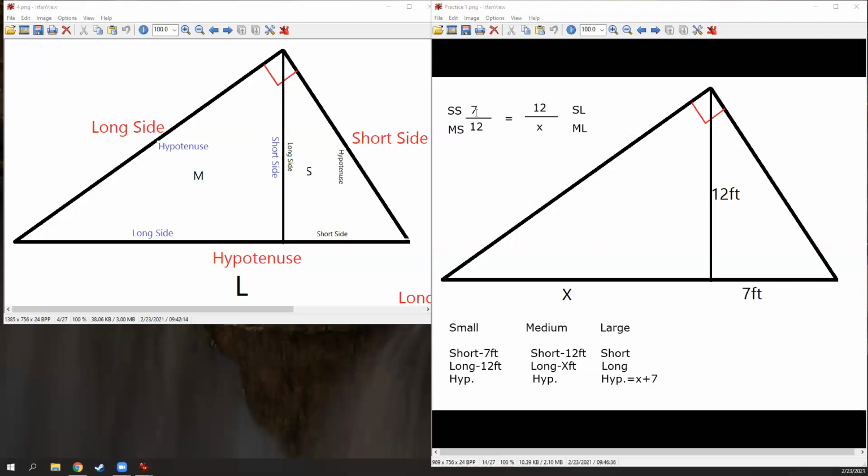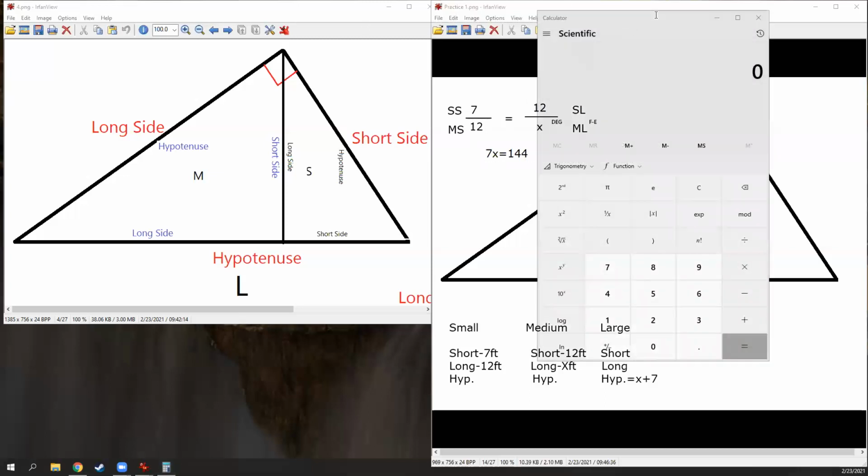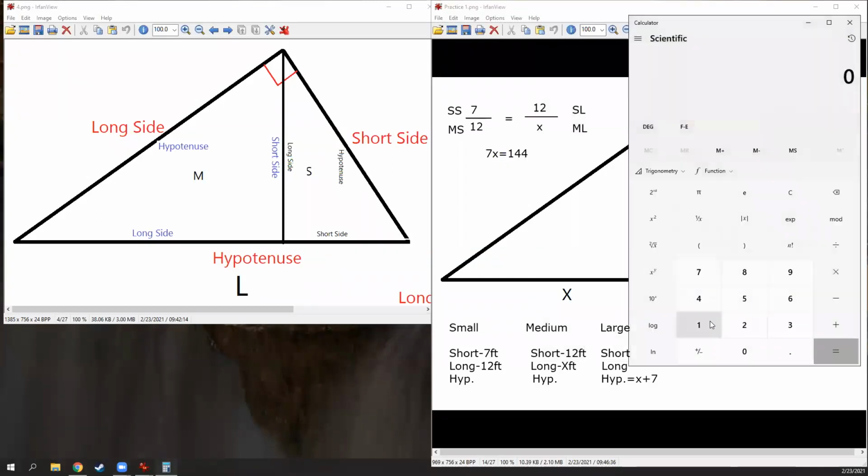Cross multiply. 7 times x, 7x. Equal sign stays right in the middle. 12 times 12 is 144. I'm fairly certain. This is the first math I have done today, so I don't want to mess it up. 12 times 12 is 144. Cool.